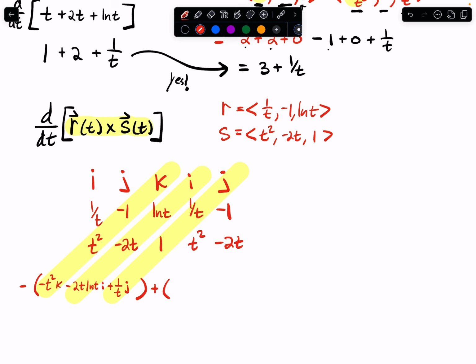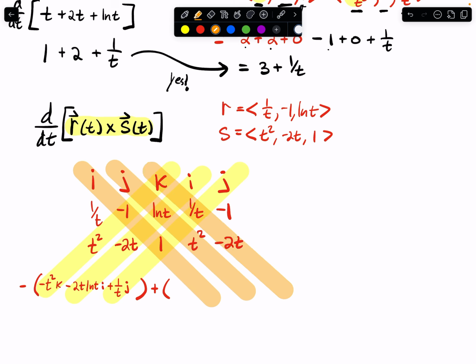And then I'm going to add it to, I want to do the diagonal going the other way. So 1, 2, 3, going this way. So this would be negative i, and then plus t squared ln t j, and then minus 2, t over t cancels, so 2k here. Okay?